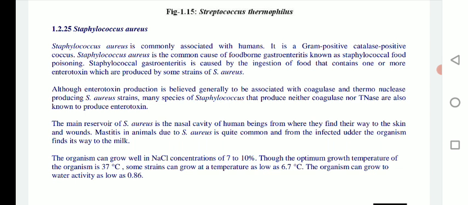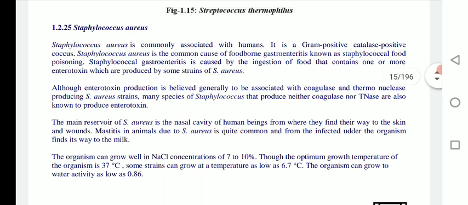Enterotoxin means a toxin that acts on your stomach, and after ingestion of food contaminated with this kind of toxin, the person suffers from gastroenteritis.